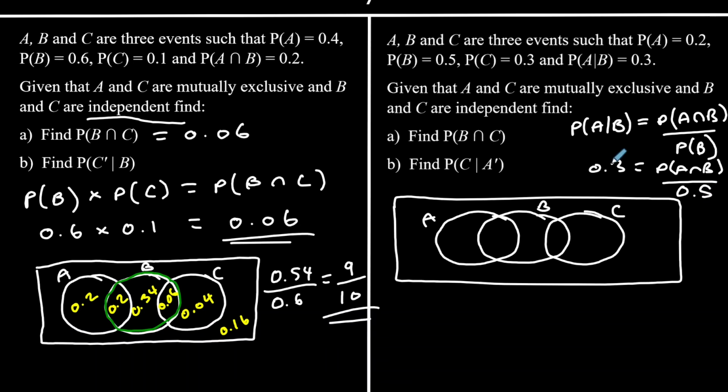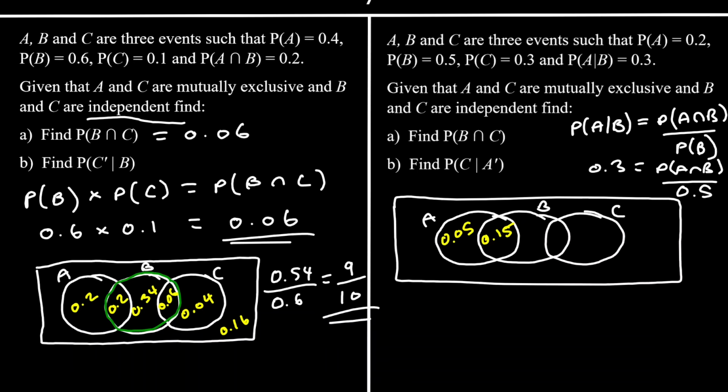So half of 0.3 is 0.15. So the intersection of A and B, 0.15. The whole A circle was 0.2. So we've got 0.05. And we know that B and C are independent.